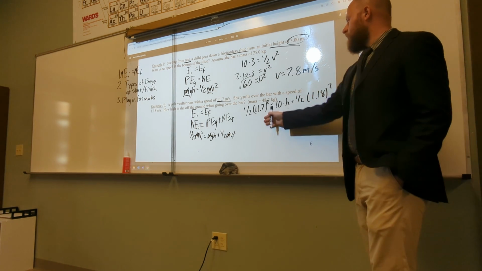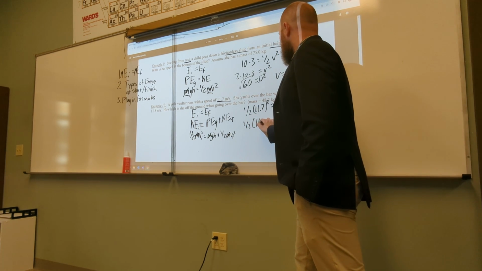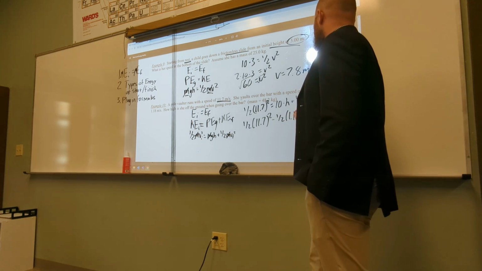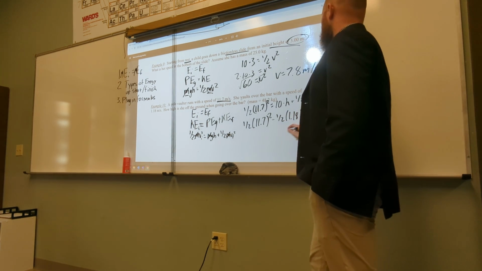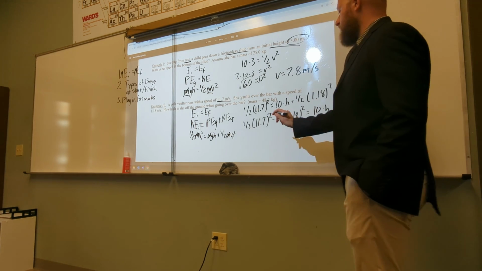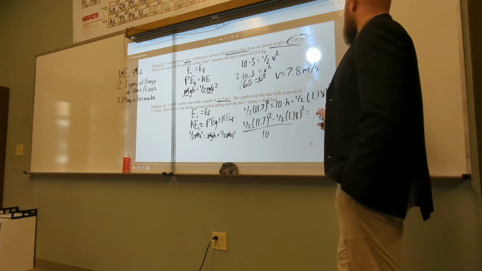I'm going to move that to the other side. So I have 1/2 11.7 squared minus 1/2 1.18 squared equals 10h. Then I just need to divide this side by 10. So h equals that.